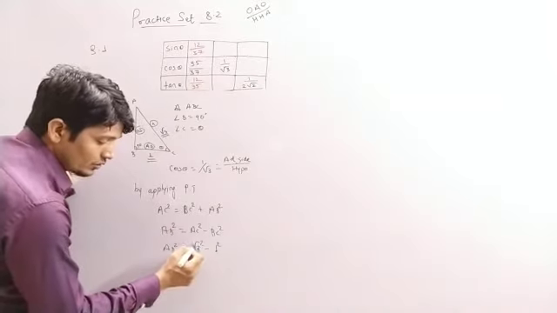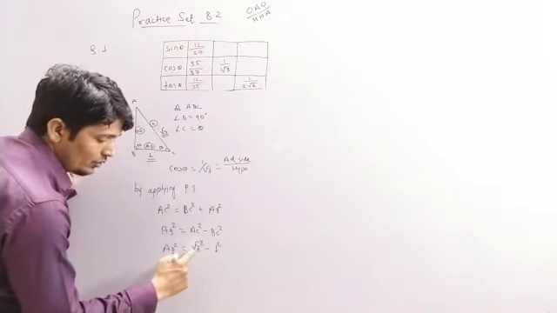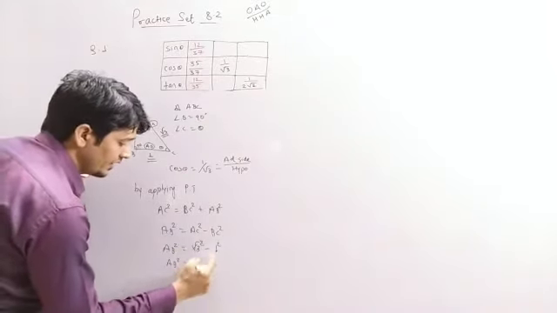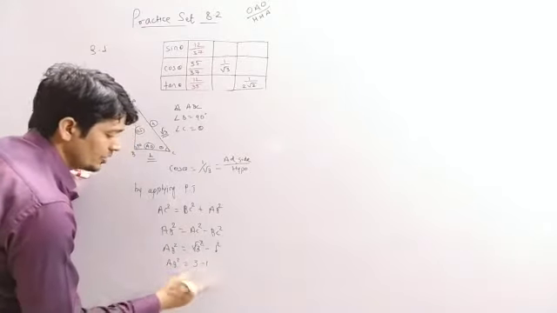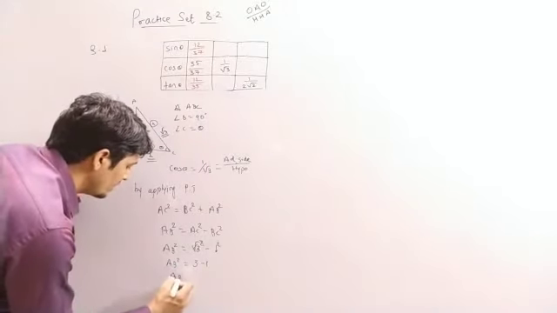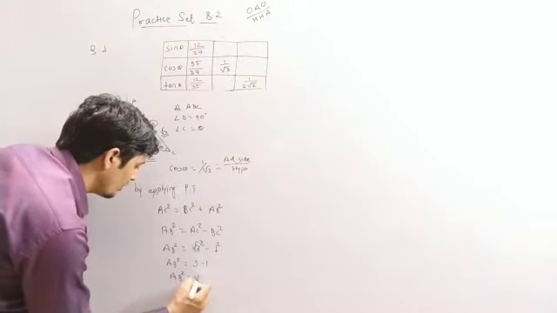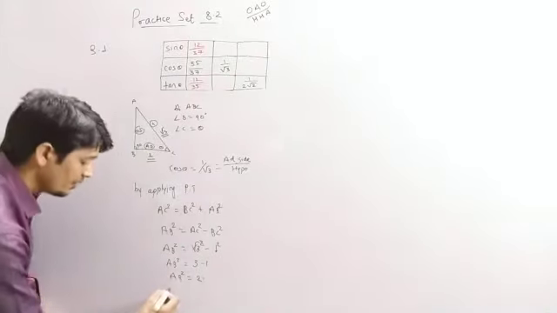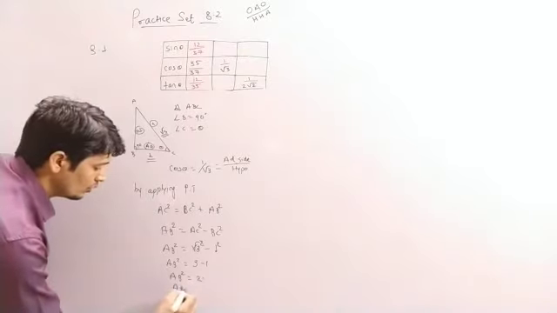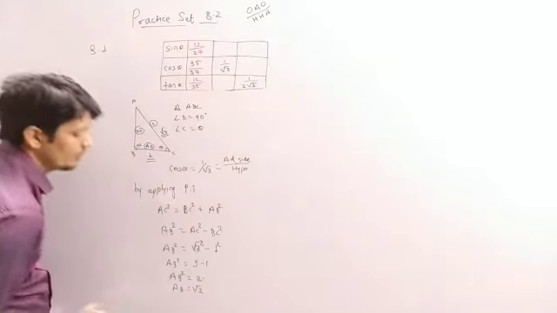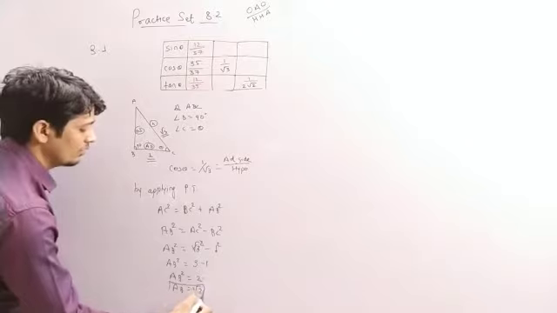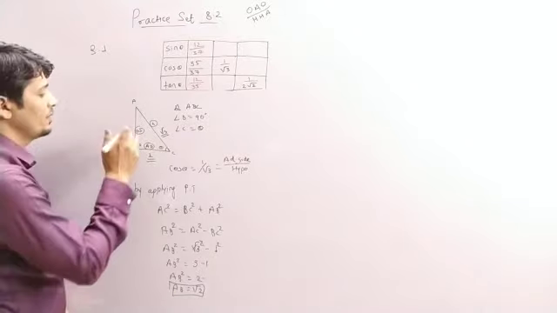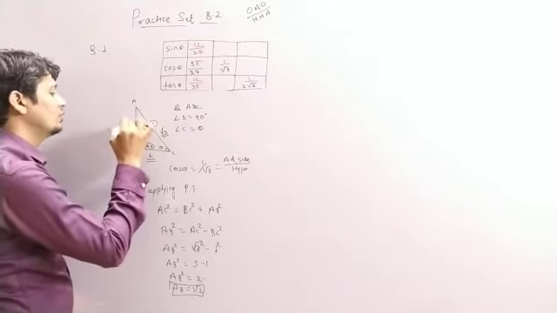The square and root get cancelled, so we will get 3. The square of 1 is 1. So 3 minus 1 is 2. So AB square equals 2. So AB equals root 2. So we got the value of AB, which is root 2.